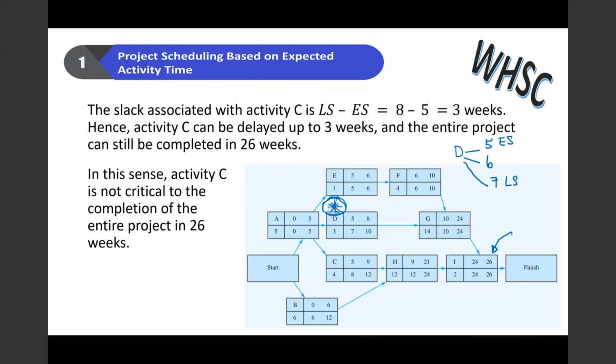However, if activity D, for some reason, machine problem or whatever it is, starts in week 8 or week 9 and so on, it will then delay the whole project schedule.